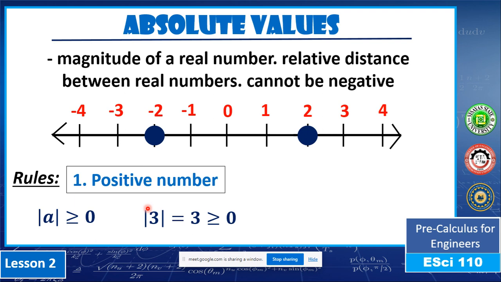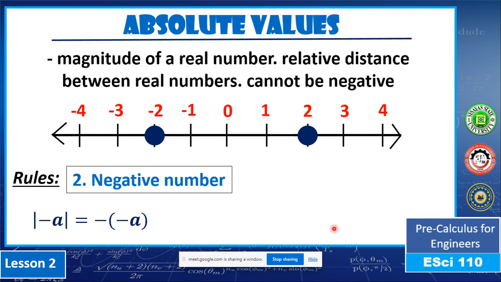If you take the absolute value of positive 3, it is still positive 3, which conforms with our condition here, that 3 is greater than or equal to 0. Another one, the absolute value of 0.1 is just equal to 0.1. So remember, for a positive number, it just retains, leave as it is.